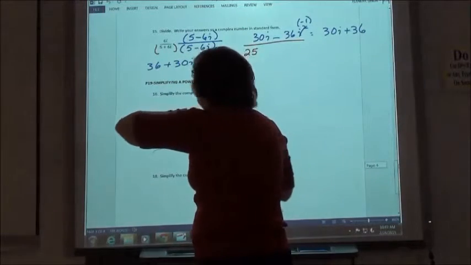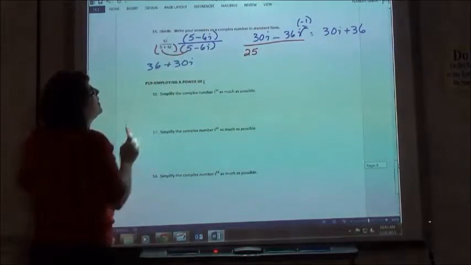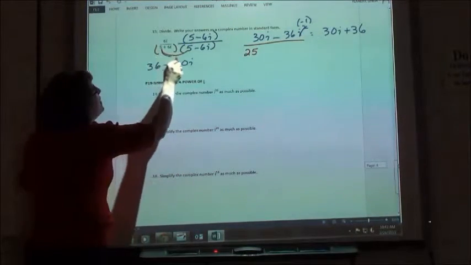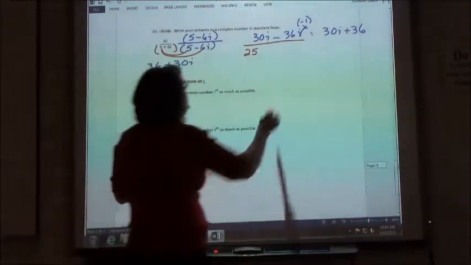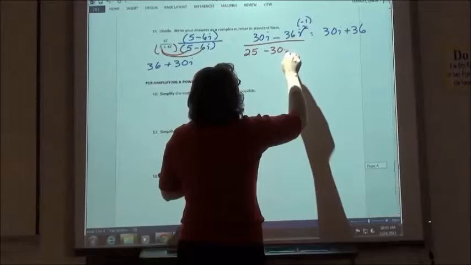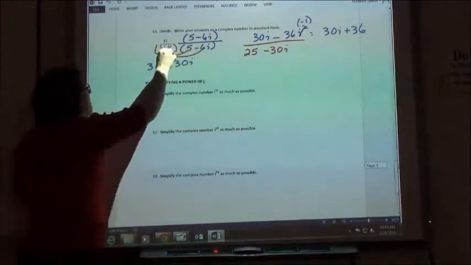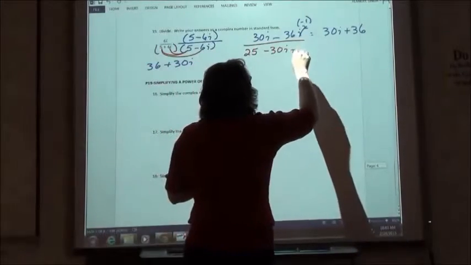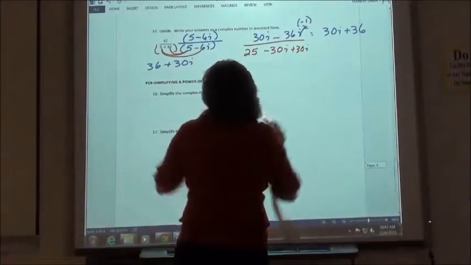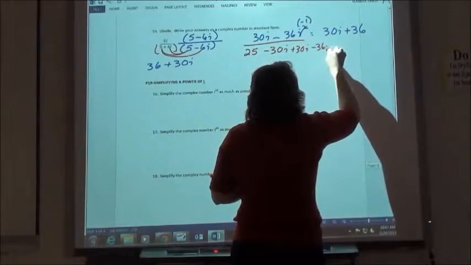When you FOIL, you take the 5 times the 5, right? Then I've got to do the 5 times the minus 6i, so that's going to be minus 30i. Then we do the inside pair, which is going to give us plus 30i. And then we can do the 6 times the minus 6, so minus 36i squared.